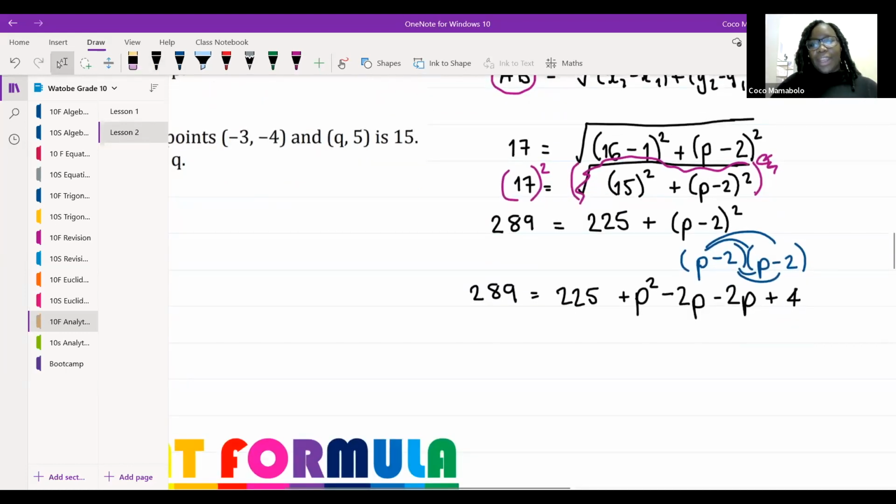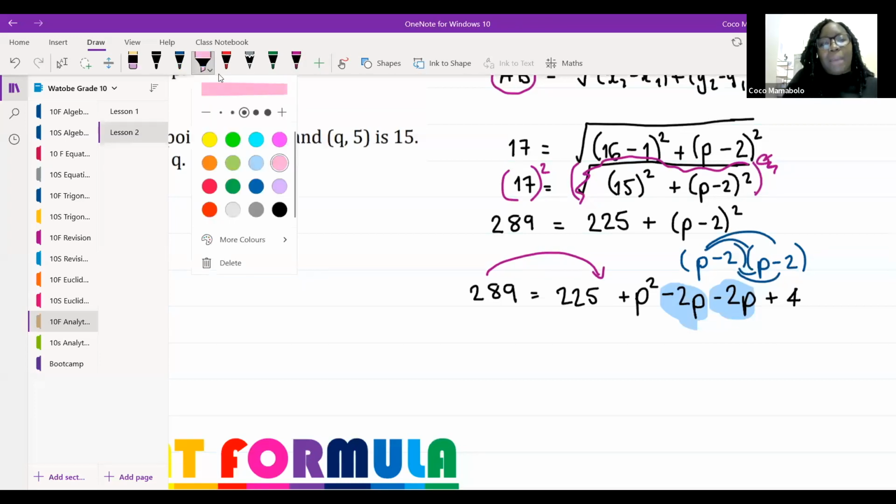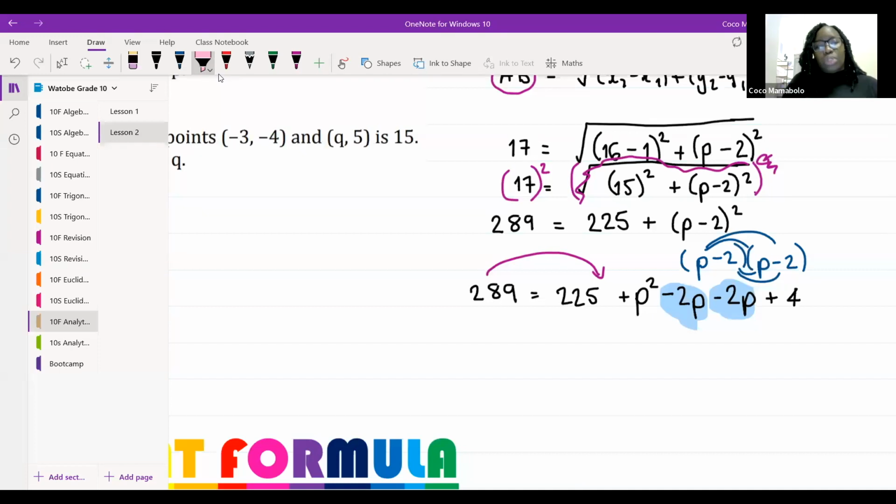Now I'm going to take all my like terms and add them together, right? I've got a negative 2P and a negative 2P. That's going to give me negative 4P. And then I love that word, we're going to transpose. I'm going to take my 289 and bring it over to this side, and then take all the numbers and add them together.